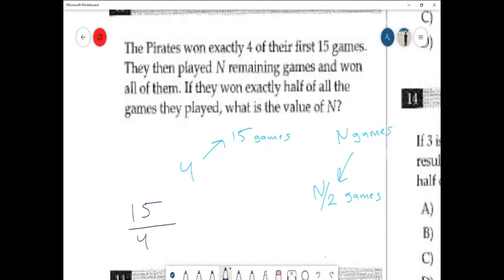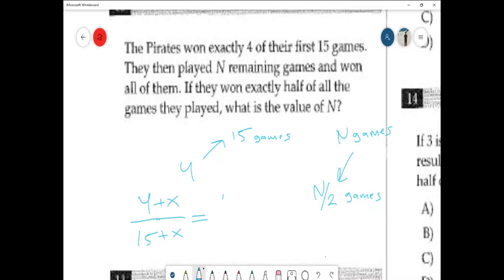Okay, so how can we find the expression? 15 divided by 4 plus x here, plus x here, equals 1 over 2. No, make it like this. They have won 4 games out of 15, right?